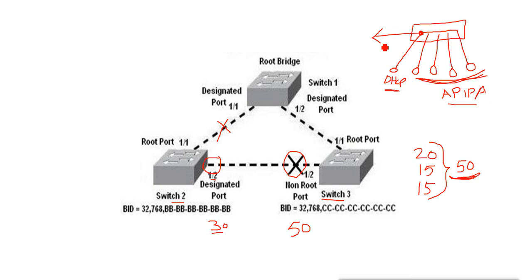It will skip the STP states. When we configure any port of the switch as PortFast, it will skip the process of STP and directly go to the forwarding state. So the port will be enabled quickly.